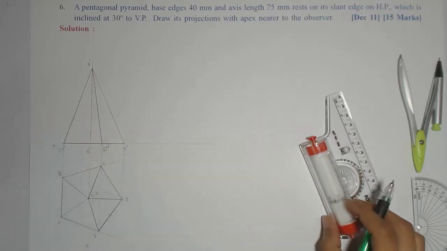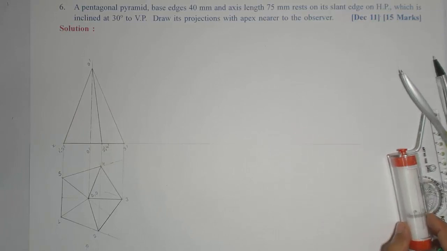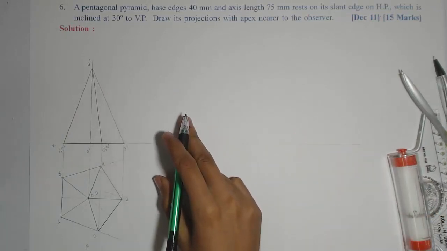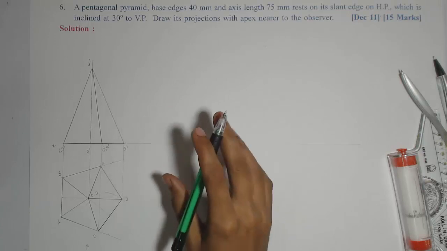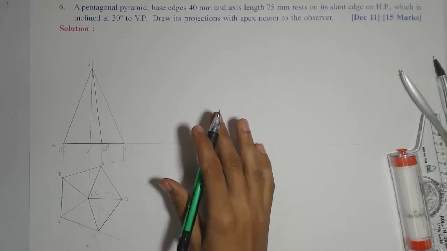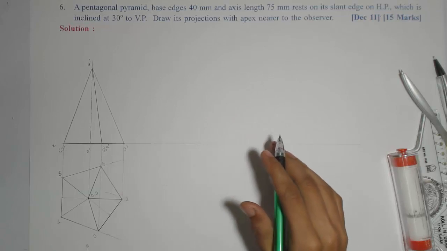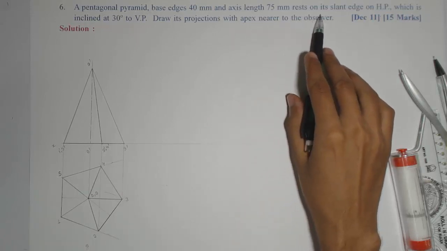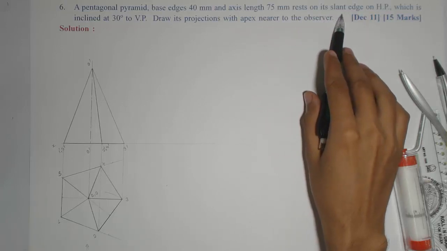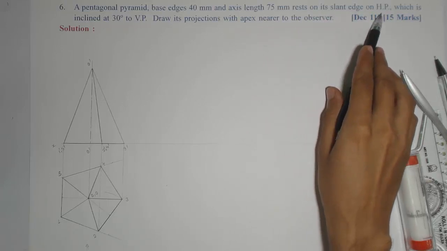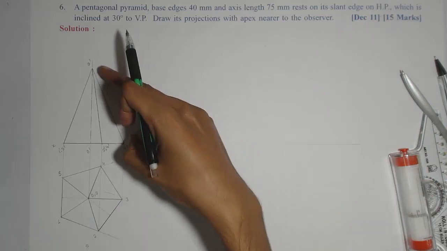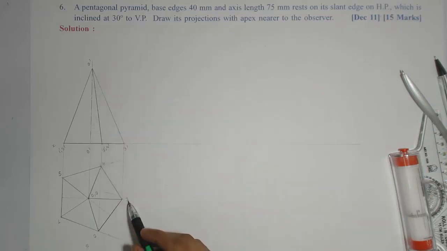Okay. Now in second stage, since we will be redrawing the front view, for redrawing the front view we need condition with the HP and not with the VP. Okay, so it is given as the slant edge is resting on the HP. So slant edge, to get the slant edge on the right hand side, we have kept one corner on the right hand side.